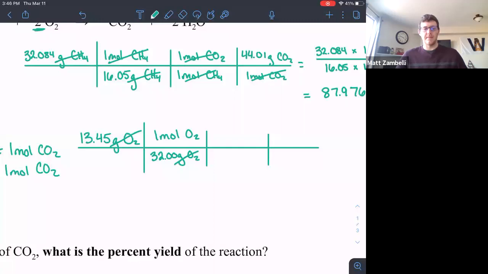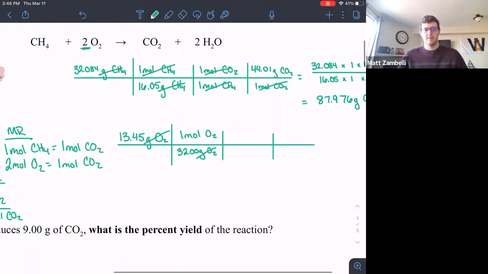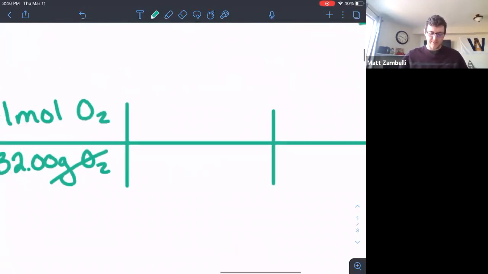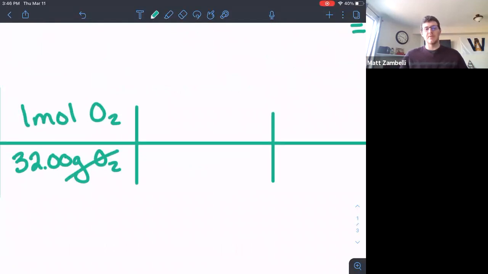What's my next step? We use the mole ratio. Awesome. This time it's 2 moles of oxygen make 1 mole of carbon dioxide. Do I put the 2 moles of oxygen on the top or on the bottom? On the bottom again. Perfect.